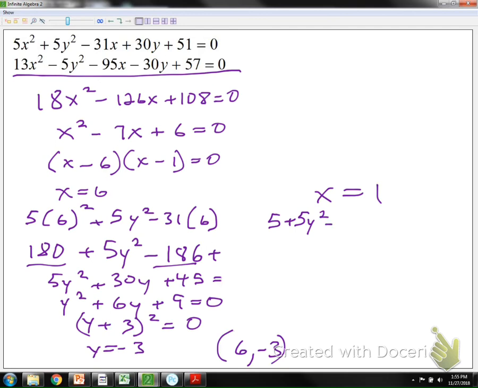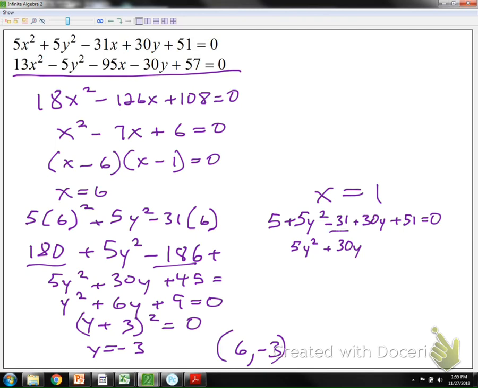If x is 1, that's just minus 31, plus 30y plus 51 equals 0.